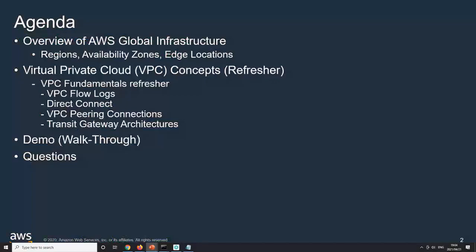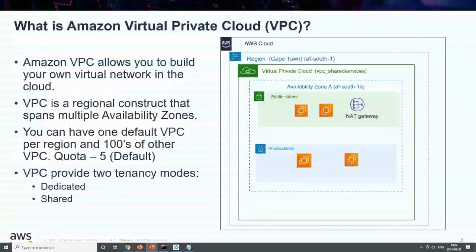And then I've set up an environment so that we can walk through some of the demos step by step, so that people who are not quite familiar with the VPC can see and hopefully learn something new from this webinar.